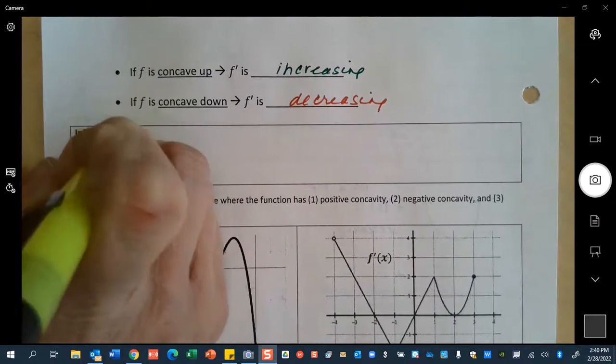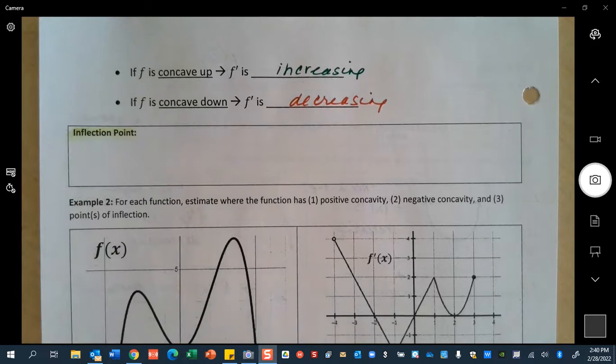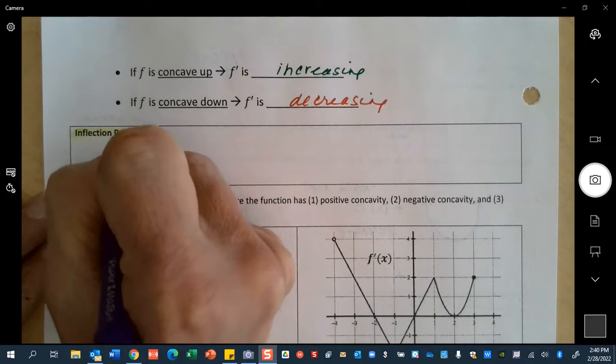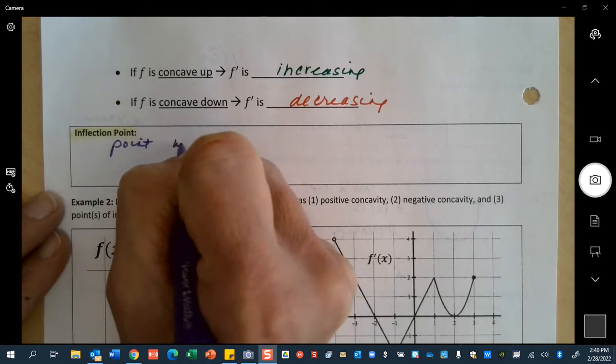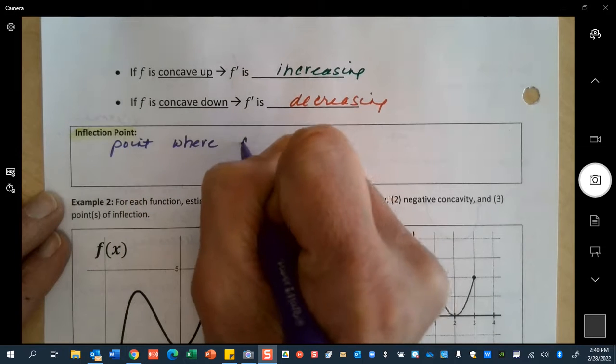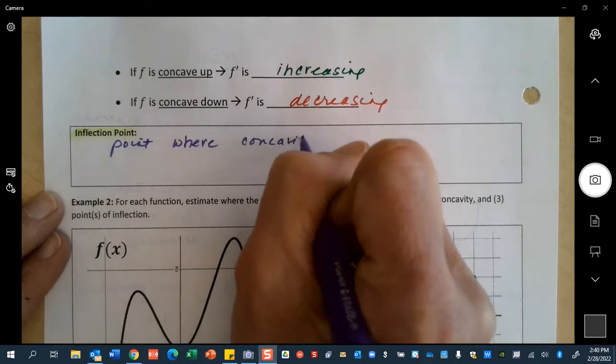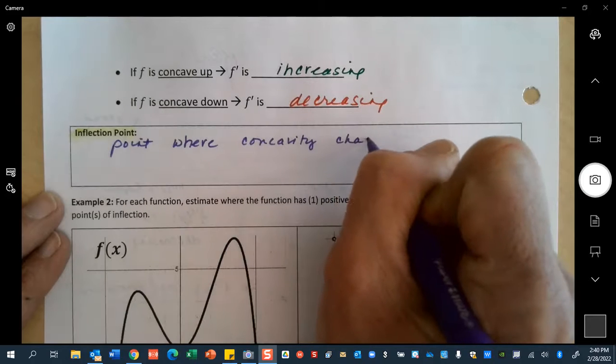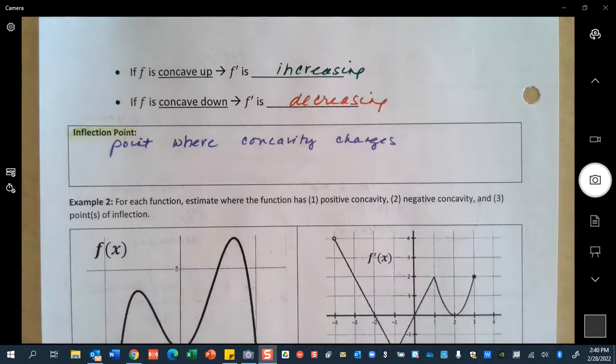So we end up with a new type of critical point, and our critical point is where your concavity changes. If I go from concave up to concave down, that happens at a point where my function goes from increasing to decreasing or decreasing to increasing.